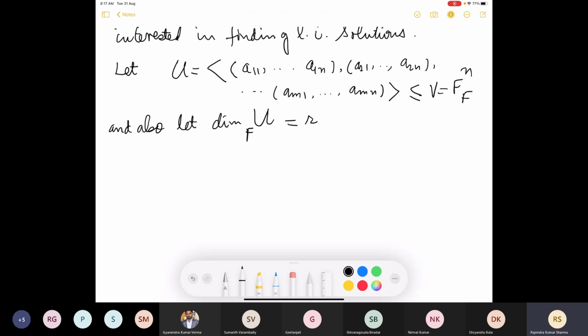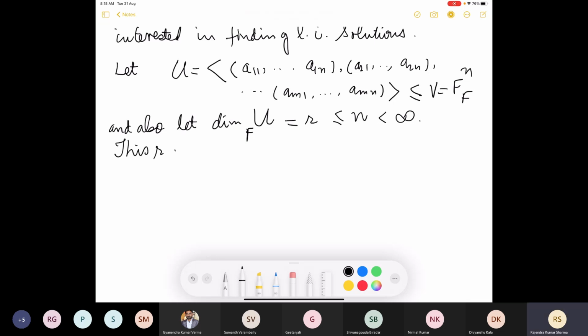Since this is a subspace of Fn, it cannot exceed n, and so is finite. So V is finite dimensional, and we have a subspace here which is also finite dimensional, and let us say its dimension is r.